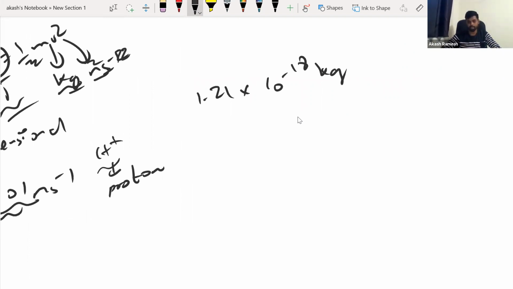So I'll repeat the question, people. If the uncertainty in measurements of position and momentum are equal, calculate the uncertainty in velocity of a particle of mass 1.21 into 10 to the power minus 18 kg. Okay, think about this. I'll try to answer the question again. Perfect. You try.